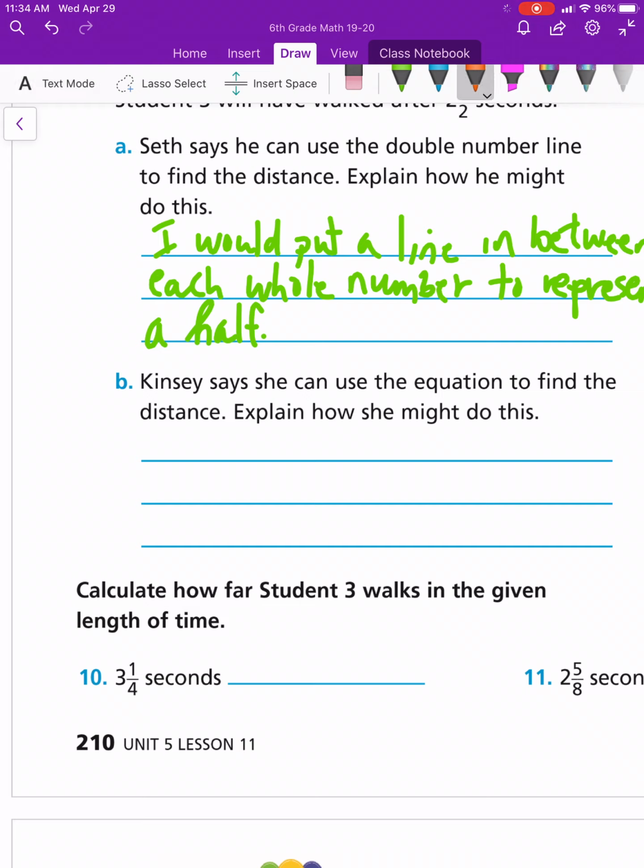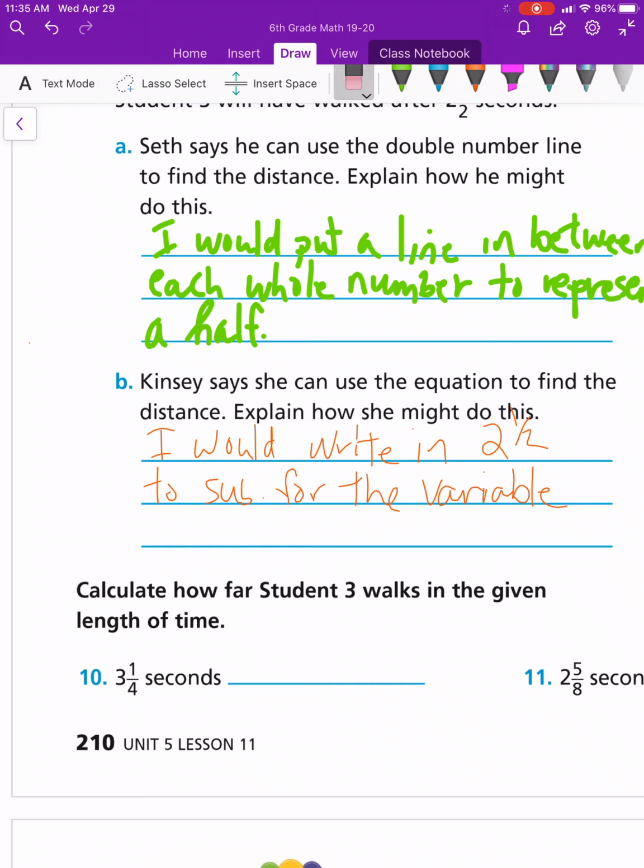So I would just put in 2.5 or 2.5, whatever you're most comfortable with, to substitute for the variable... nope, t.